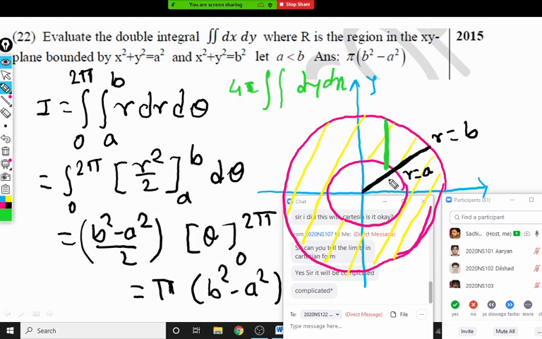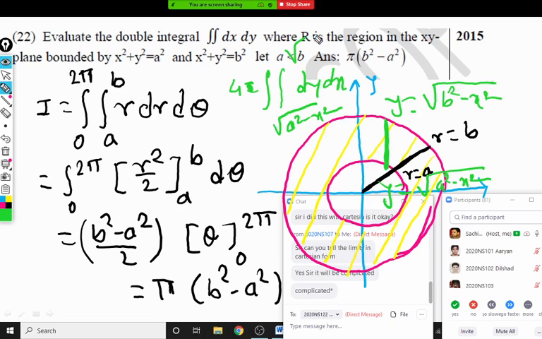Then y goes from root of a square minus x square to root of b square minus x square, and the limits of x are not 0 to a, but a to b, because this is x equal to a to x equal to b. So the outer limits are a to b. This is really complicated compared to polar. So the choice is yours. You can do it in polar or Cartesian.